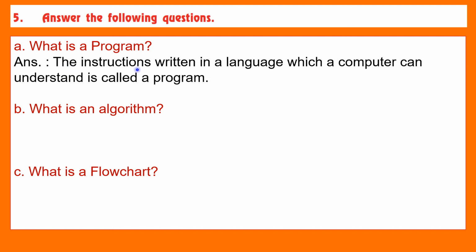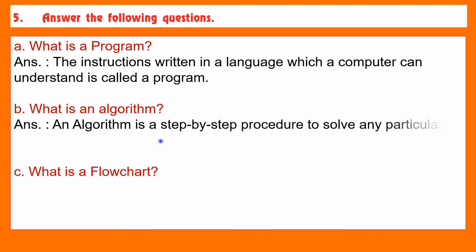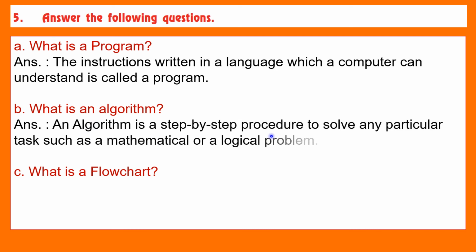The instructions written in a language which a computer can understand is called a program. B question, what is an algorithm? An algorithm is a step-by-step procedure to solve any particular task, such as a mathematical or a logical problem.